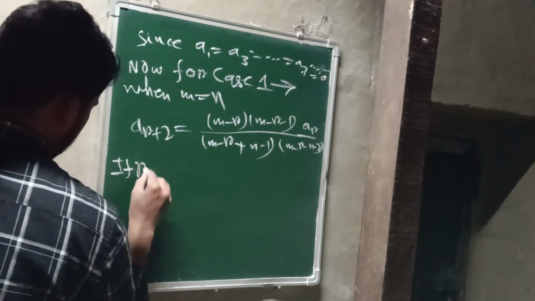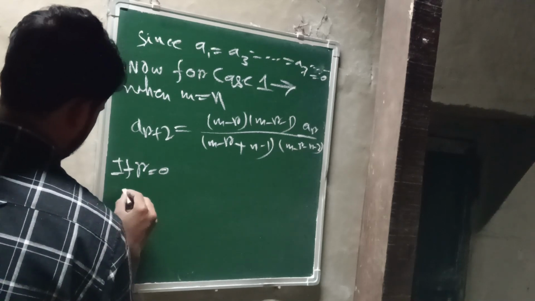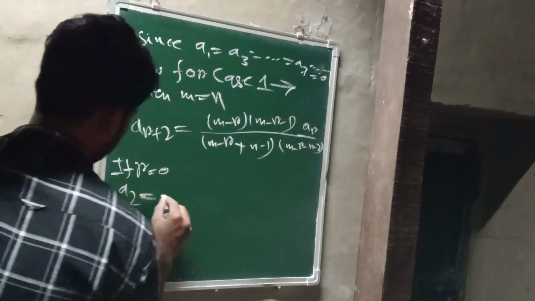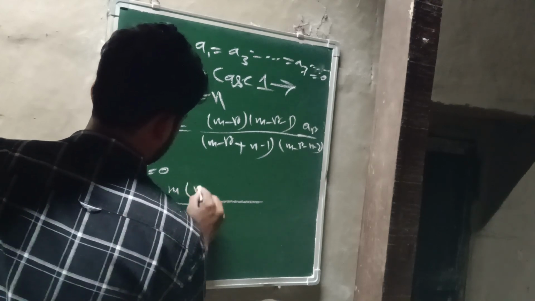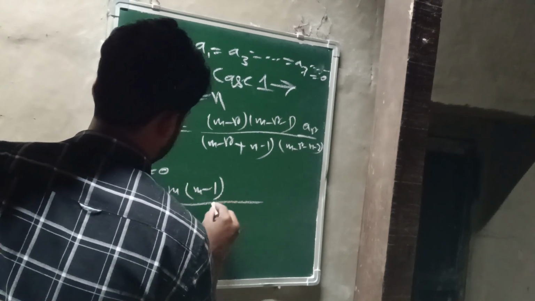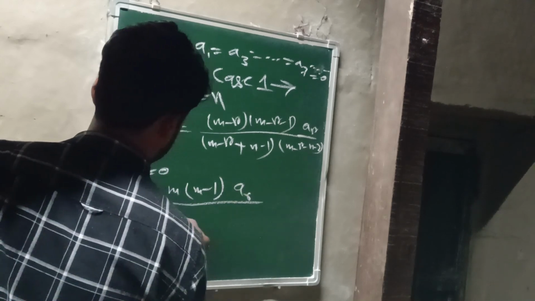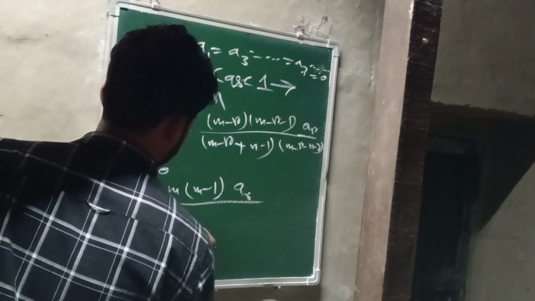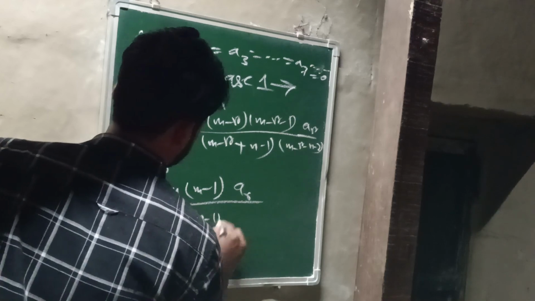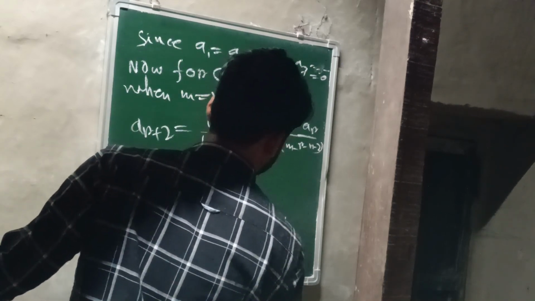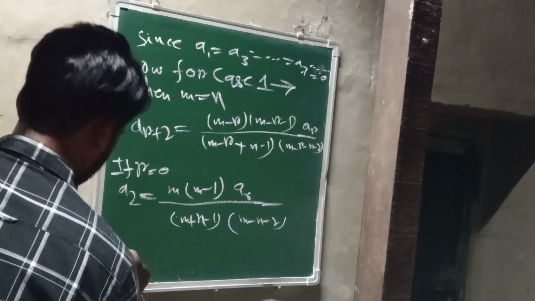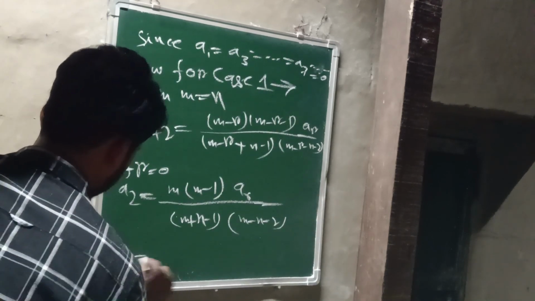If r equal 0, then a2 equal n into (n minus 1) a0 divided by (n plus n minus 1)(n minus n minus 2).